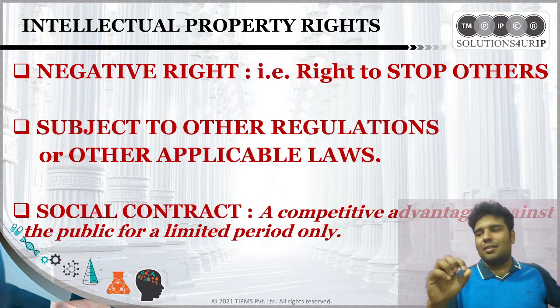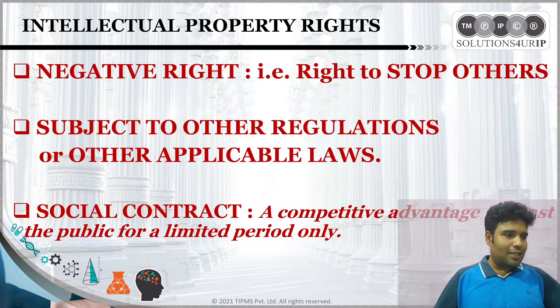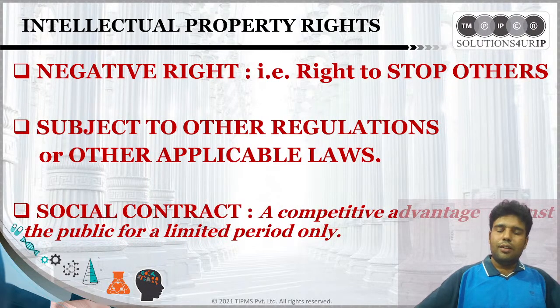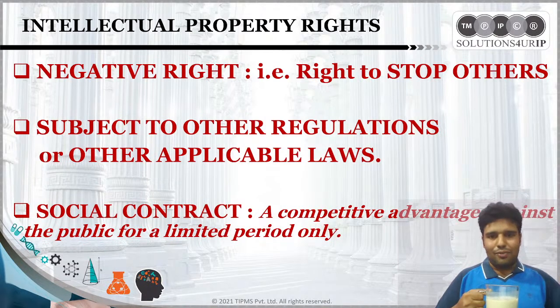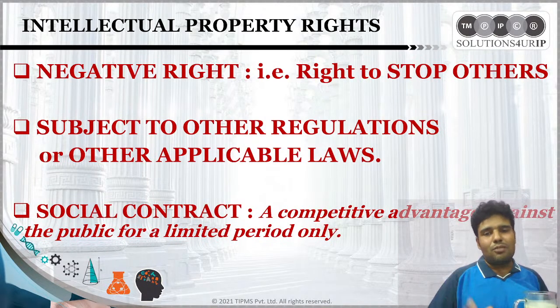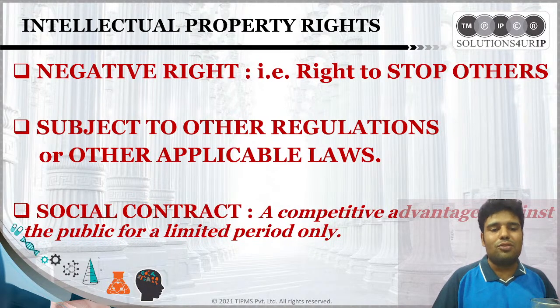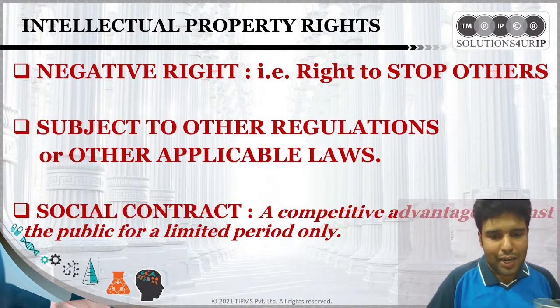And yes, intellectual property rights are subject to a lot of regulations. Some intellectual properties may not be subject to any regulations, but some are definitely subject to so many regulations. And it is a kind of social contract.